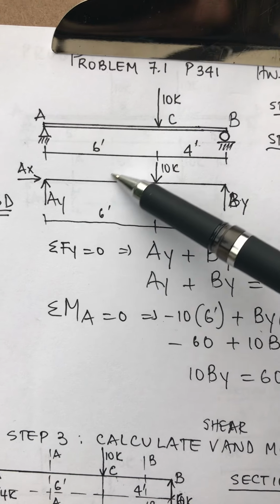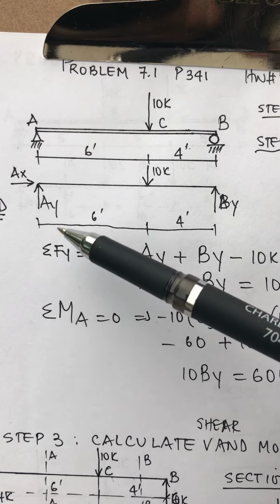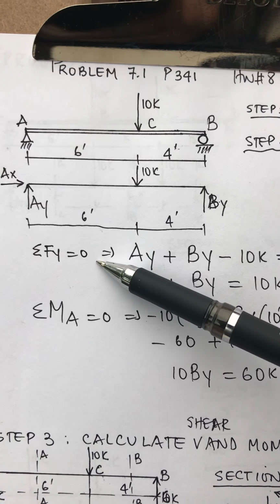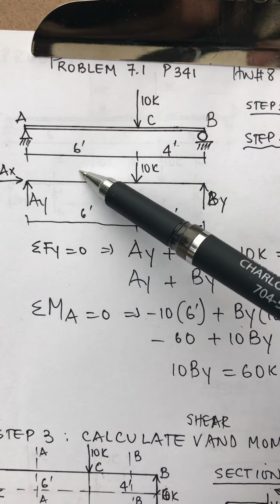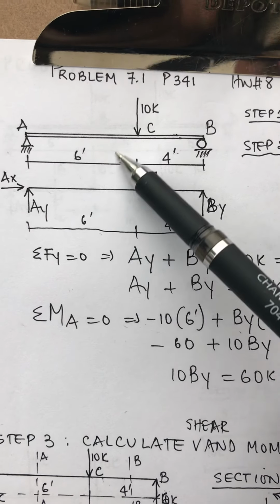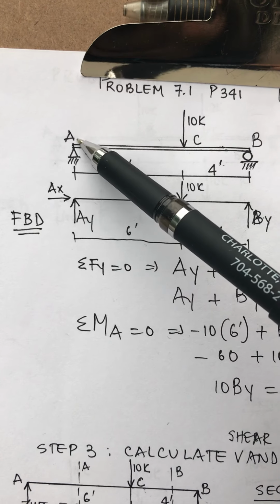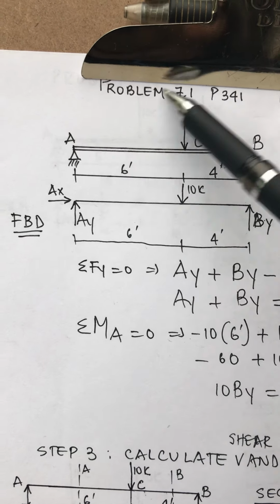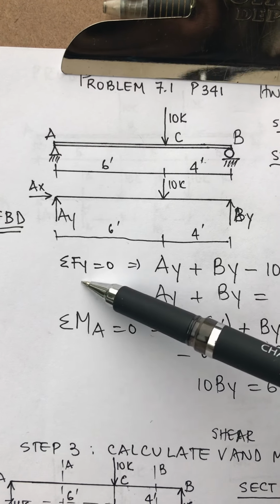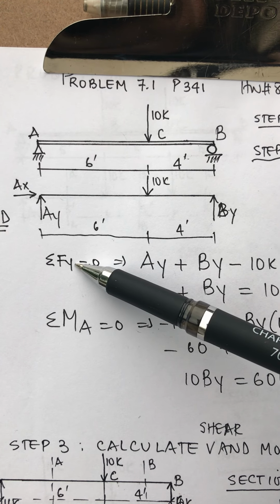And to calculate the reactions at the supports, we use three equations: summation of forces in the X direction, summation of forces in the Y direction, and summation of the moments about a support, each giving you 0. But because we have only one force in X, AX, the value is 0. AX is 0. That's why we just didn't take into account the summation of forces in the X direction.